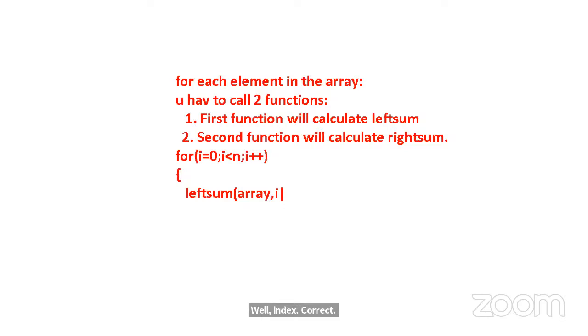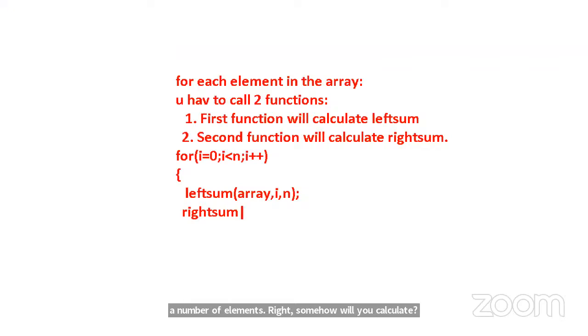So left sum means up to that particular index. Then the total number of elements. Right sum, how will you calculate? What about right sum? Anyone? What should that right sum function accept?